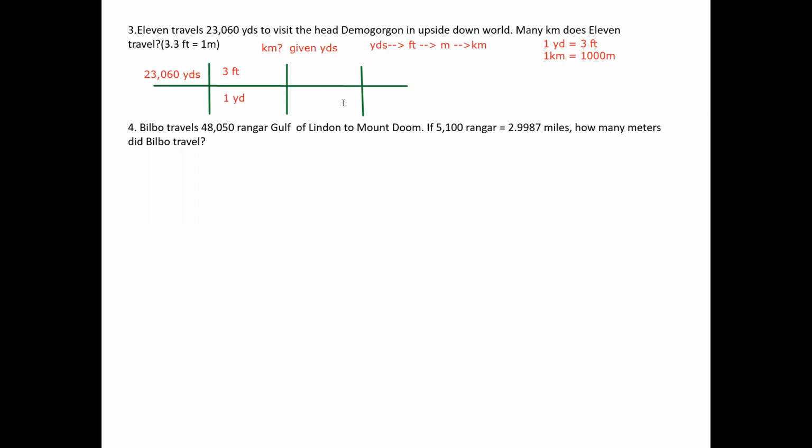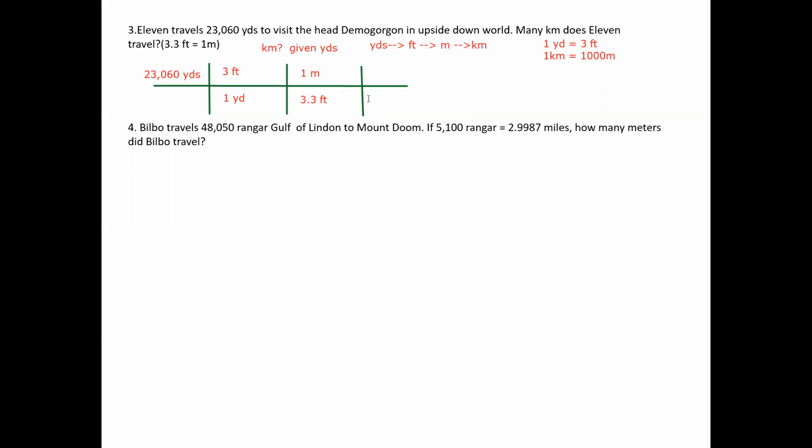Step two, we want to go from feet to meters. So since in the top left of the empty train track, we have feet, feet would go on the bottom, and meter will go on top. That's step two, converting feet to meters. Then last, we want to convert meters to kilometers. So in our empty train track to the top left, meters on top.